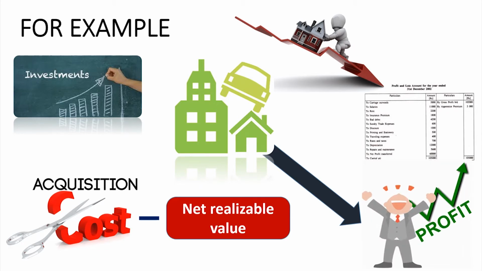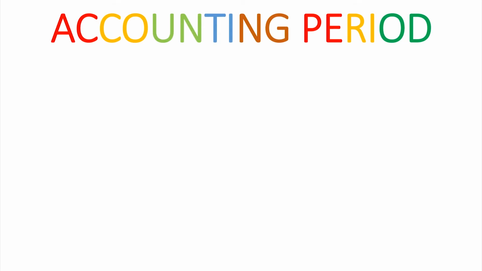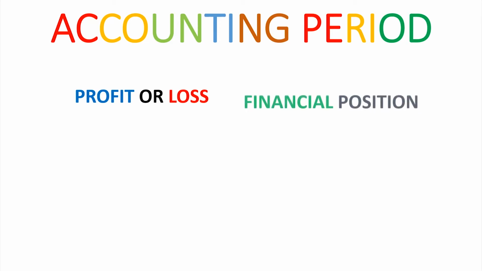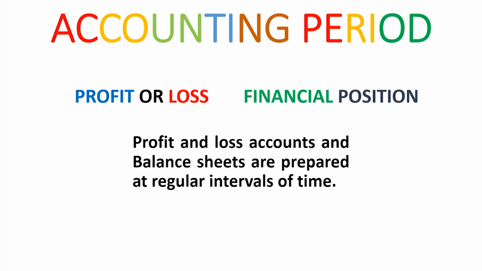Next, we have accounting period. The life of a business unit is indefinite as per the going concern concept. To determine the profit or loss of a firm and to ascertain its financial position, profit and loss accounts and balance sheets are prepared at regular intervals of time, usually at the end of each year. This 1 year cycle is known as the accounting period.